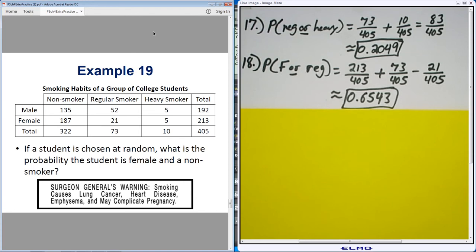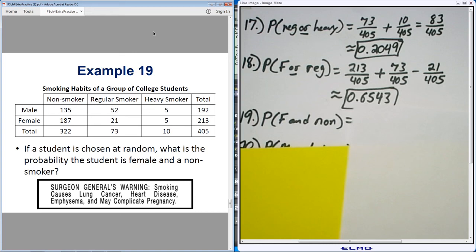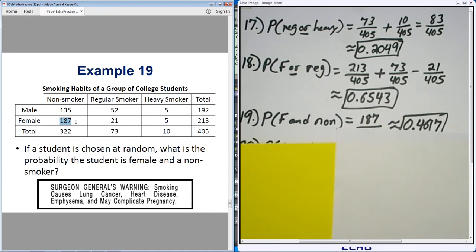That's number 18. Number 19 says, if a student is chosen at random, what's the probability the student is female and a non-smoker? When you have the word "and" with a table, let the table do the work. Find the number in your table that are both female and non-smokers. That'd be 187. That's the numerator.